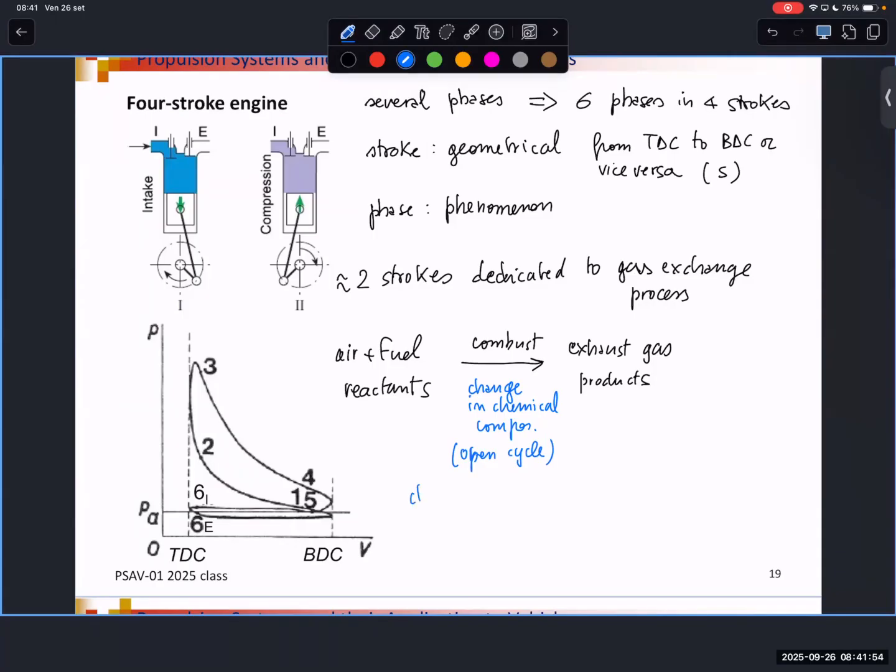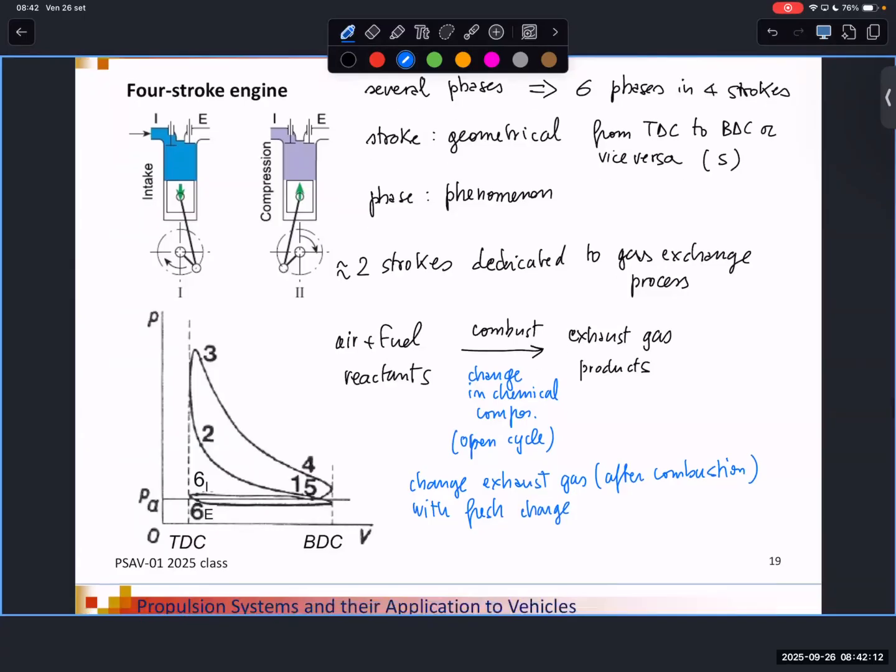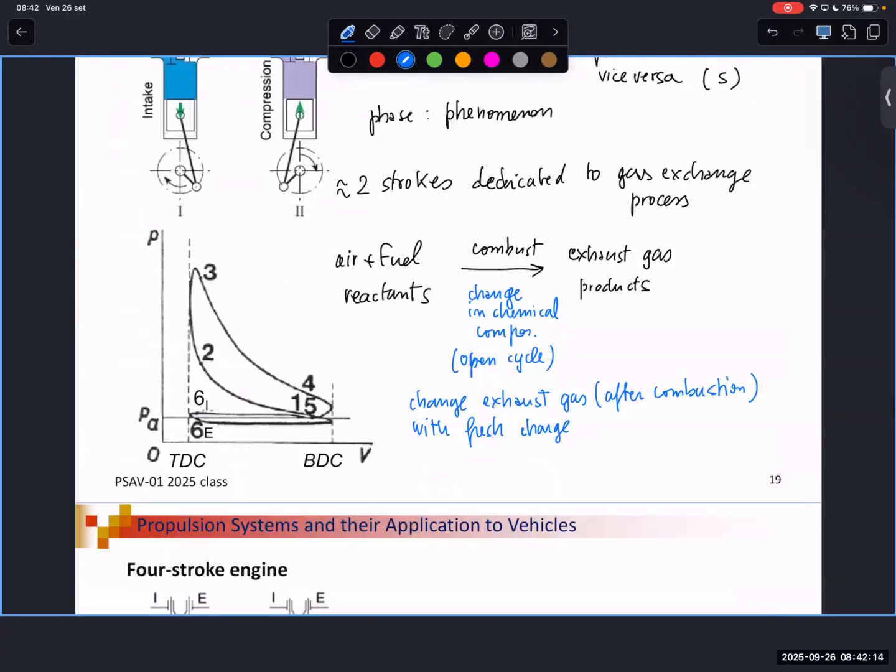So we can say: change the exhaust gas after combustion with fresh charge. And as I was saying, roughly 2 strokes are dedicated to this.